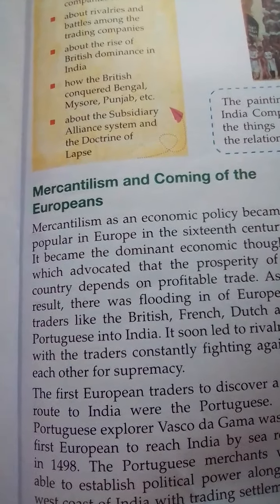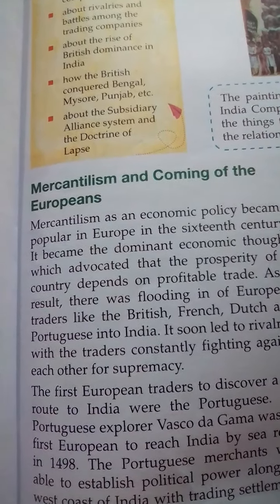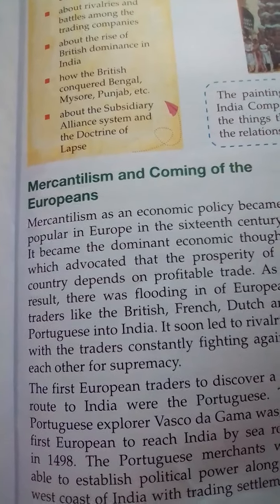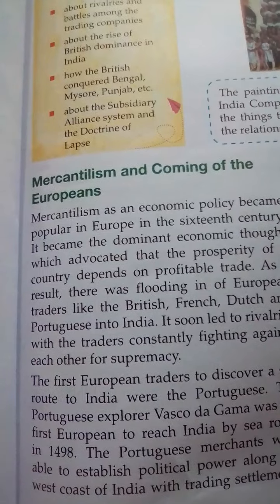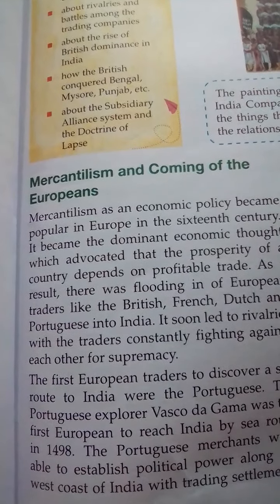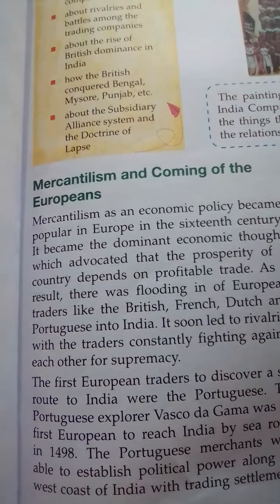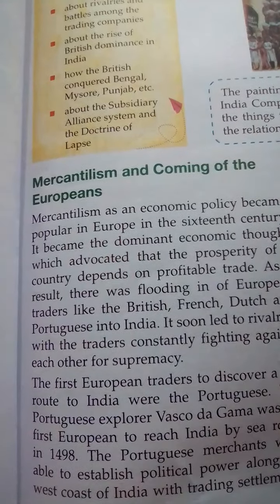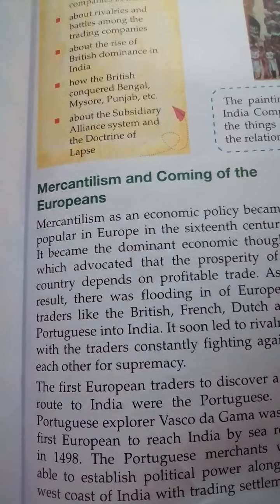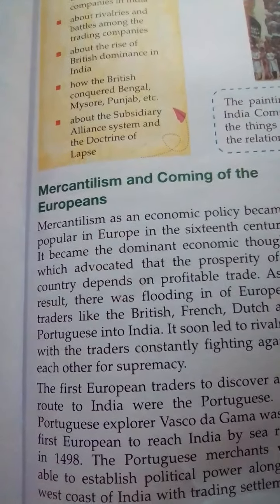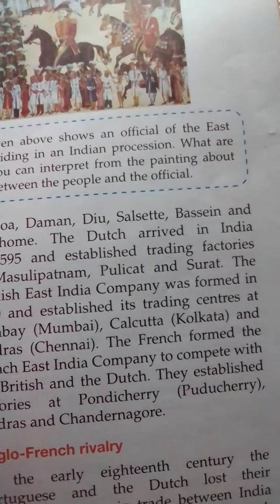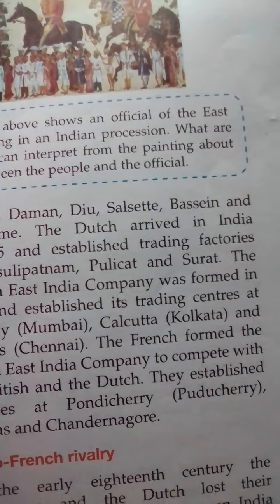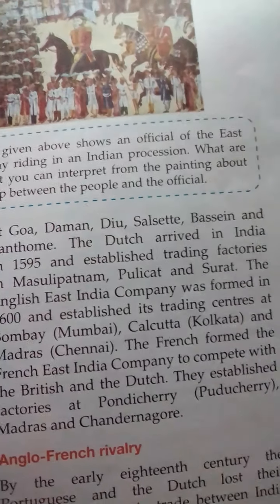As a result, there was a flooding in of European traders like the British, French, etc. By the 18th century, the Portuguese and Dutch lost their importance, and England and France came to dominate Indian trade with Europe. This led to Anglo-French rivalry both in India and in Europe, which led to a series of wars known as the Carnatic Wars.